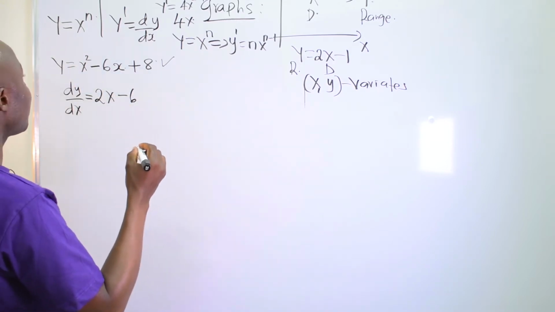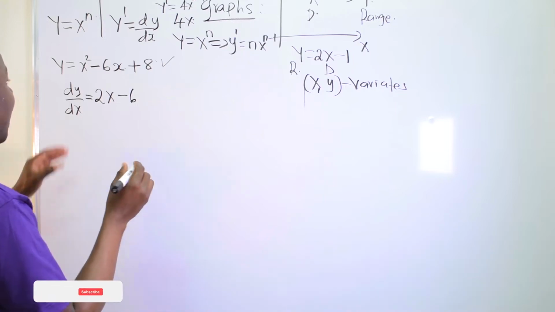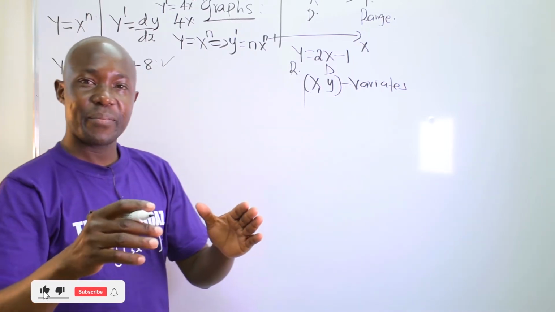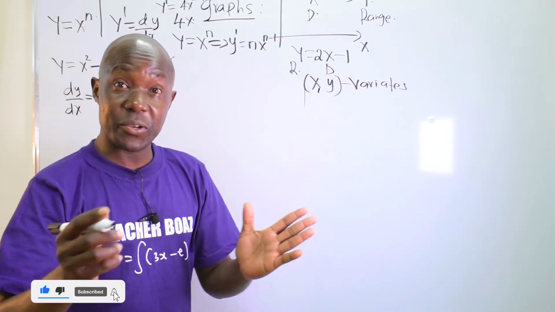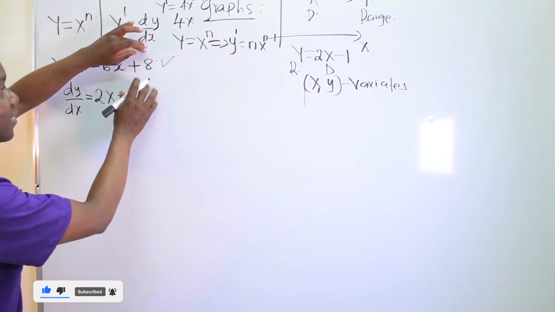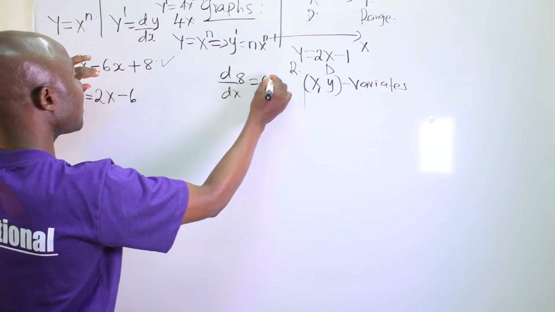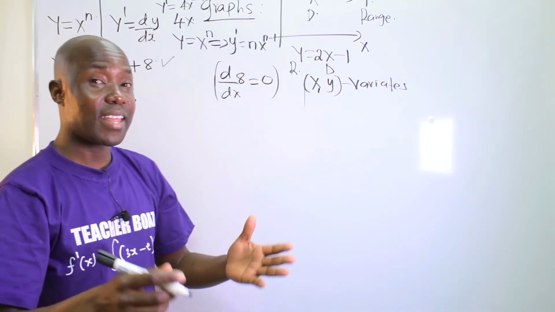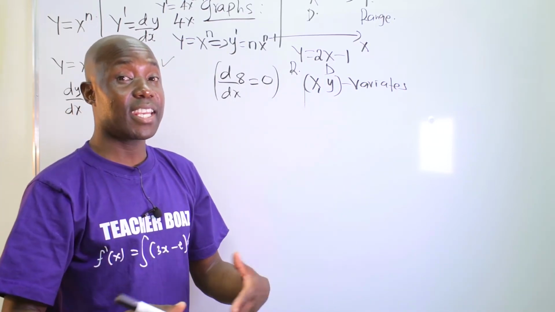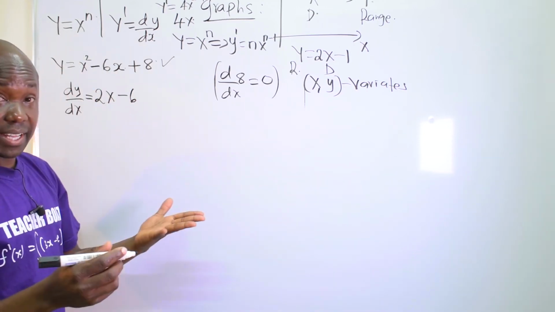But remember, most of the time you've learned that when you differentiate a constant, you get a 0. So when I get the derivative d dx of the number 8, I get a 0. That is a rule: when you differentiate a constant, it becomes a 0. And the reason is very simple.